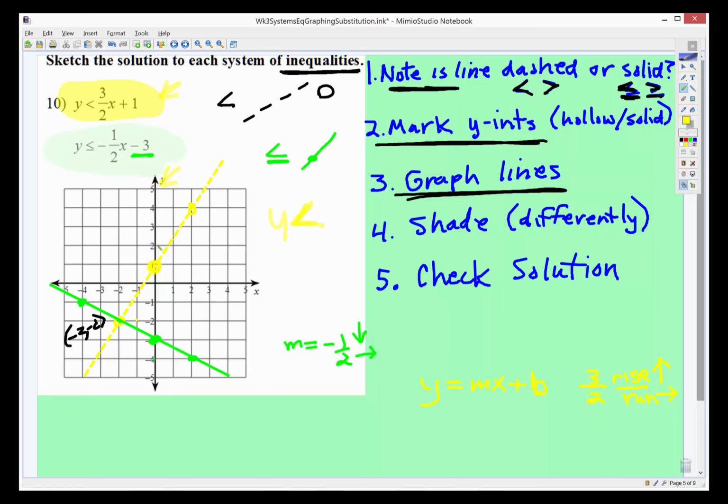Well, above is 2, below is 0, so the y's are smaller. So we're going to shade this entire side of that dotted line. Now I'm going to pick the green shade, and this says y is less than or equal.